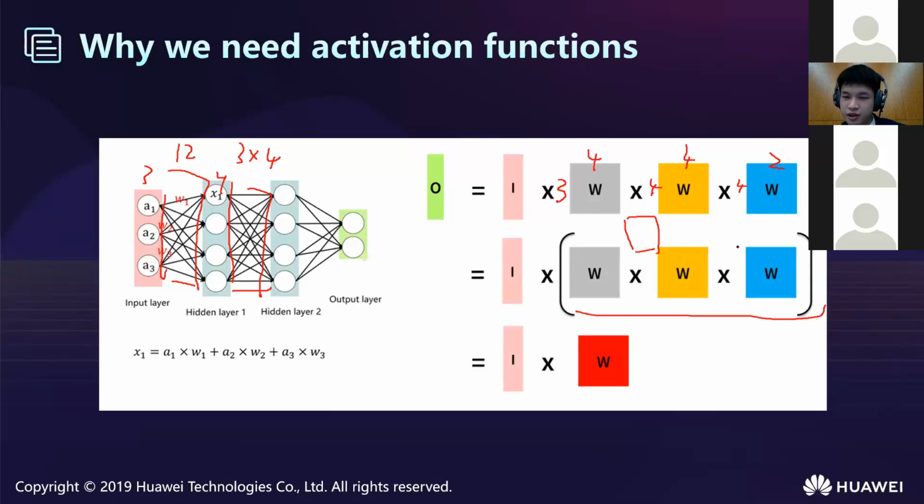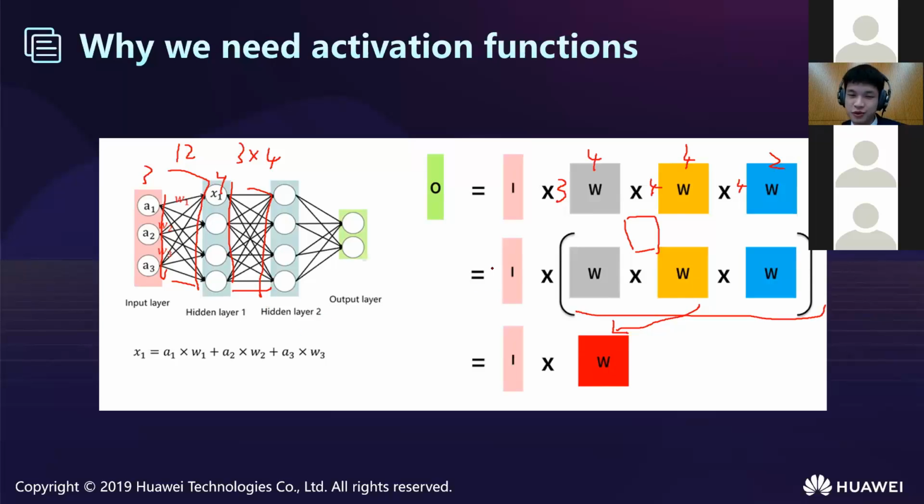And we use the new matrix to multiply the blue matrix, and then we get a new matrix, the red matrix. It means if we have 2 hidden layers, it's just like we have no hidden layer, there's only one layer. So that is a problem. There's no meaning in building a lot of hidden layers.